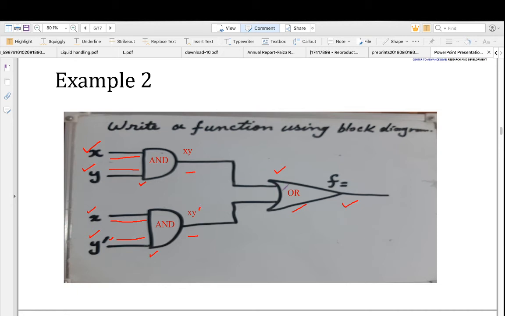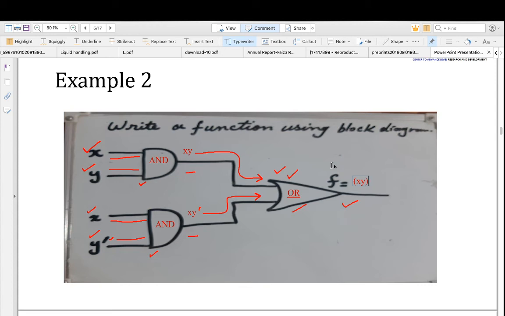Now we have to solve our last gate, that is OR gate. So this output is considered as an input here, and this output is considered as a second input. What is the function of OR gate? The function of an OR gate is to give the sum of both inputs. How? What is the first input? First input is xy.